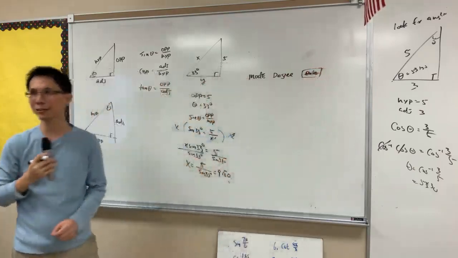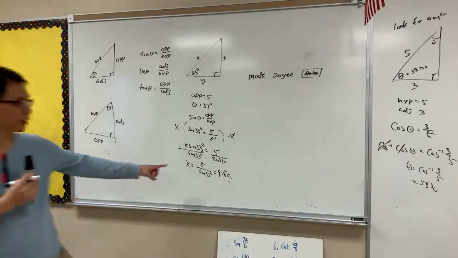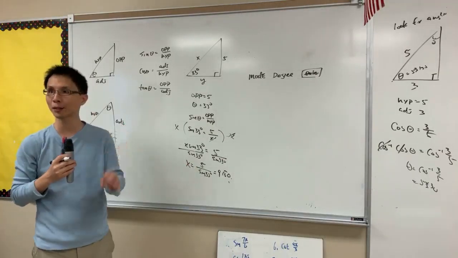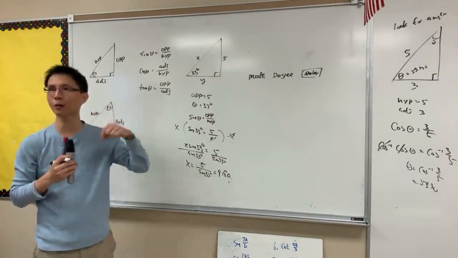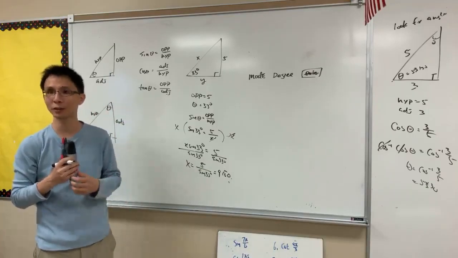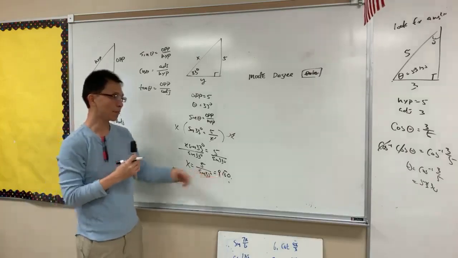Then do 5 divided by sine of 33 degrees. Don't worry about the degree sign, because the calculator is already in degrees. So you should get 9.180.